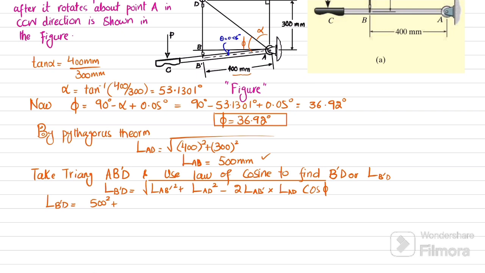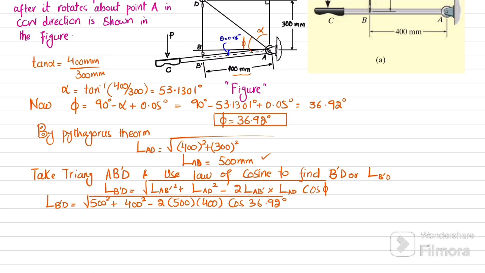So I will write it 400 square minus 2 times 500 multiplied by 400 into cos of phi, which is 36.92 degree, and there is a square root or under the root.